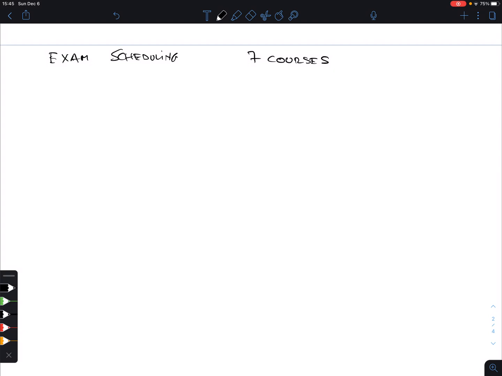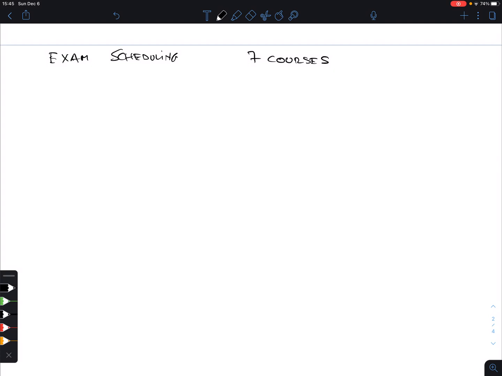We are not concerned here about locations. We assume there are more than enough rooms. The problem is more the times, and the one restriction in this scheduling is that you cannot schedule two exams at the same time if there's a student who is in both courses.